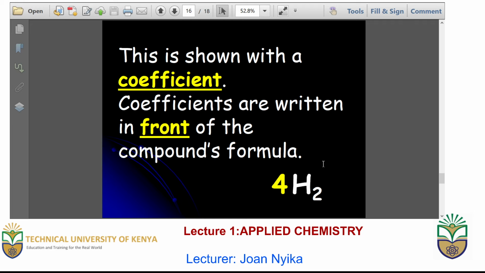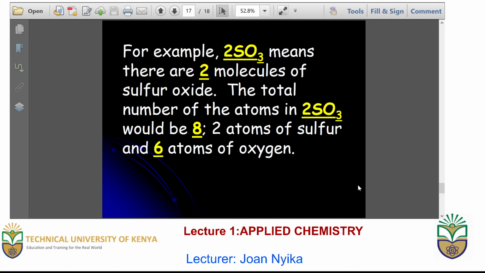For example, if hydrogen gas has more than one molecule, like in this case 4, we use a coefficient at the beginning. The coefficient is usually before the formula of the compound. Like in this case, this represents 8 hydrogen atoms and 4 hydrogen molecules.